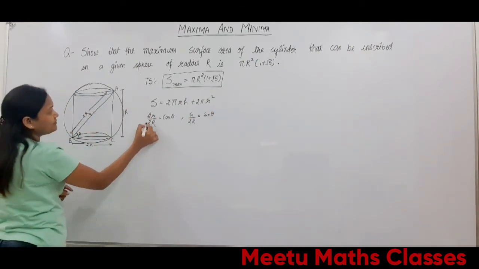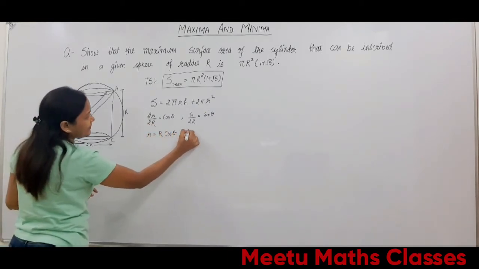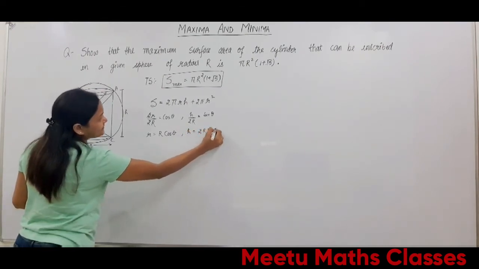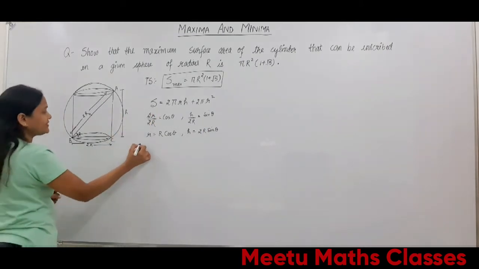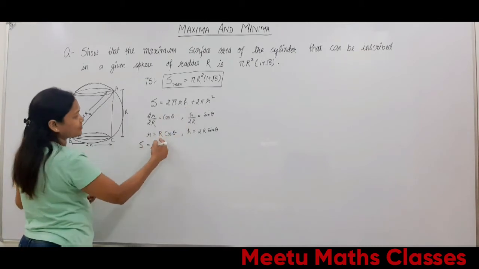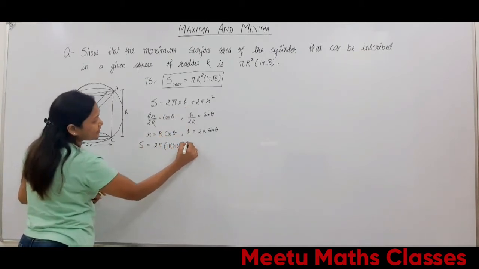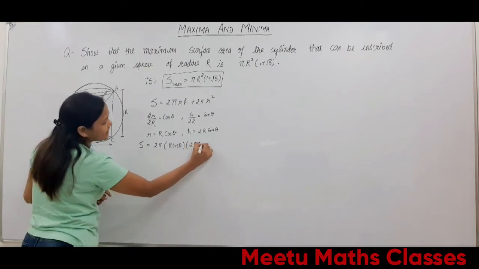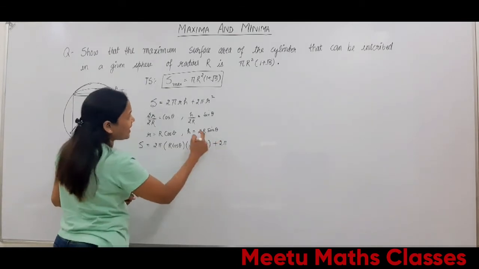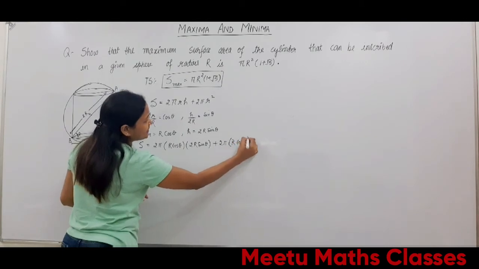So your small r can be written as R cos theta and h can be written as 2R sin theta. Now your surface area function will become 2 pi rh, r into h, R cos theta into 2R sin theta, plus 2 pi r square, r is R cos theta whole square.